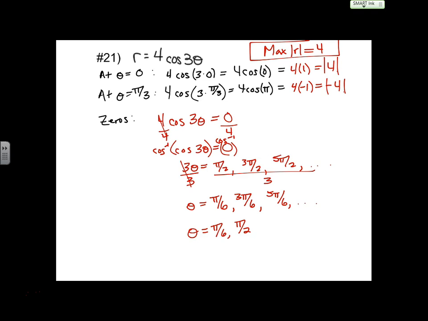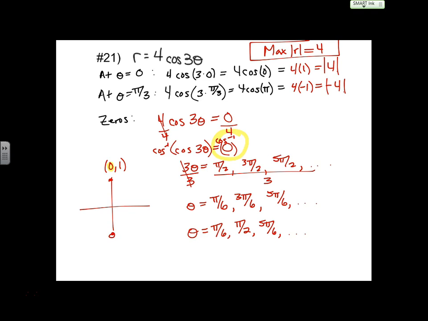Yeah, I don't get what you did after you put the cosine inverse. I ask myself, when in the unit circle is cosine 0? And cosine is going to equal 0 at all of the 90s.